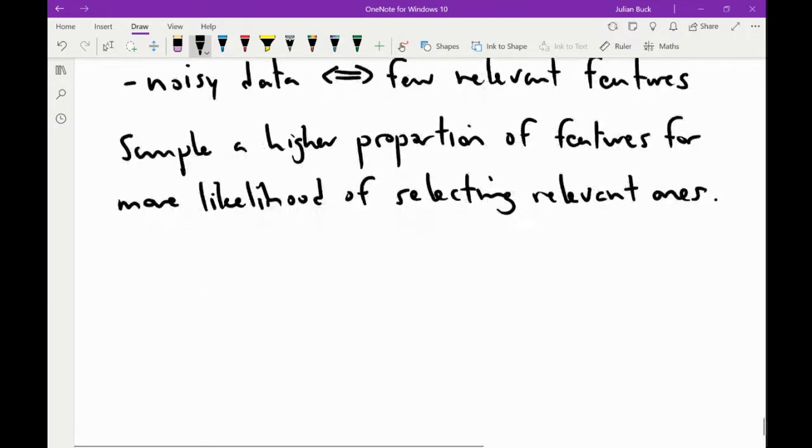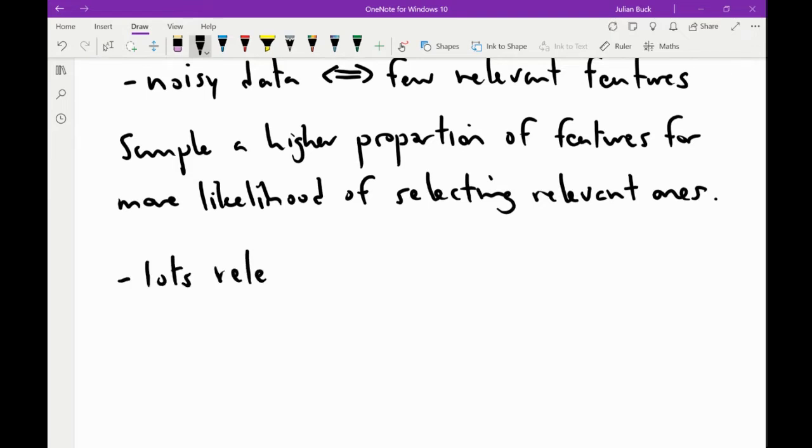On the other hand, if we have lots of relevant and correlated features, here you typically choose a lower percentage.